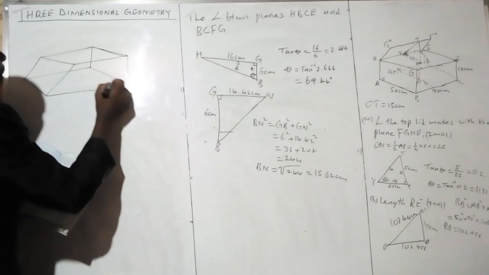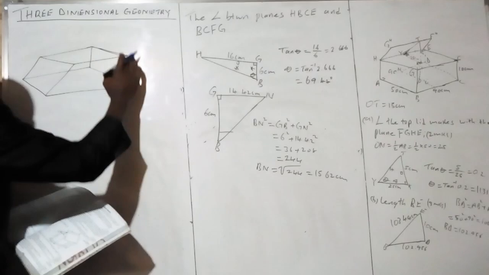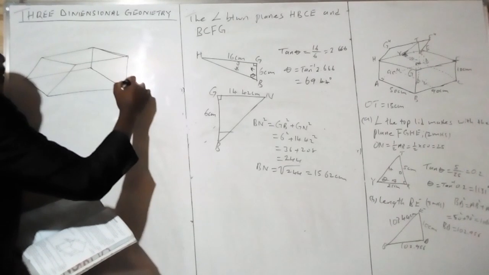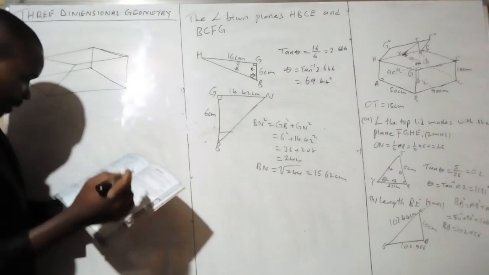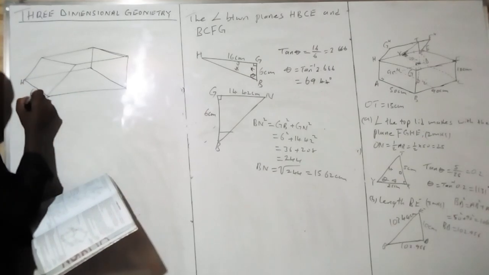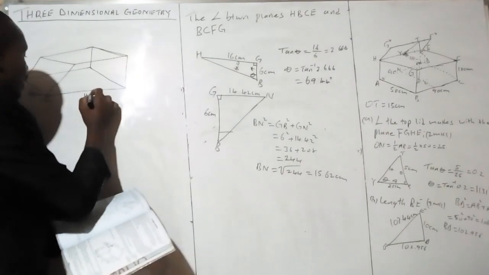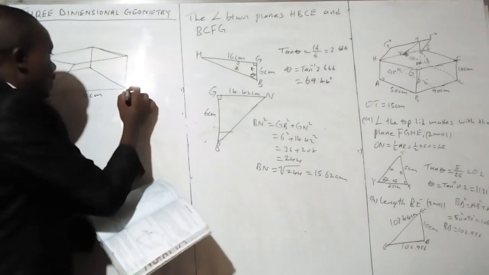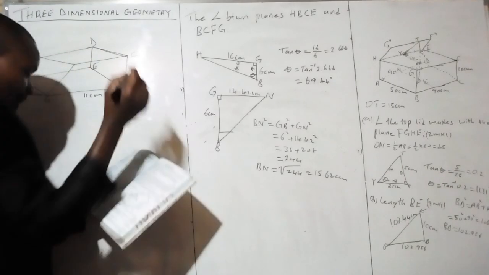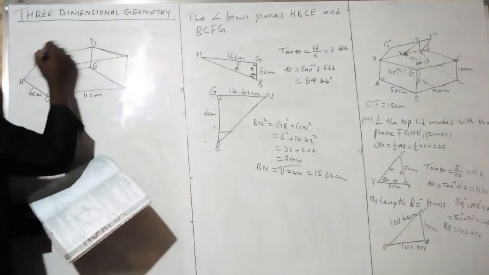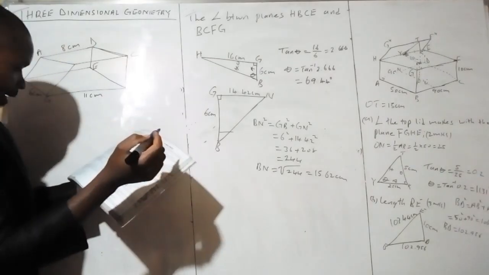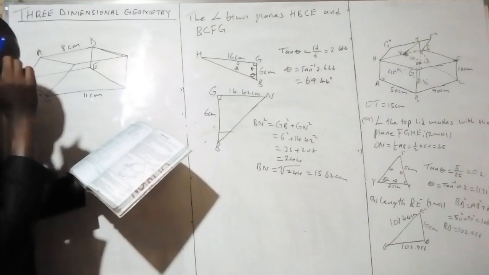Like that. Then we have H, G, 6 centimeters, 11 centimeters, F, C, D, E, A. Here you have 8 centimeters. We have like that. Then slanting here you have 5 centimeters.